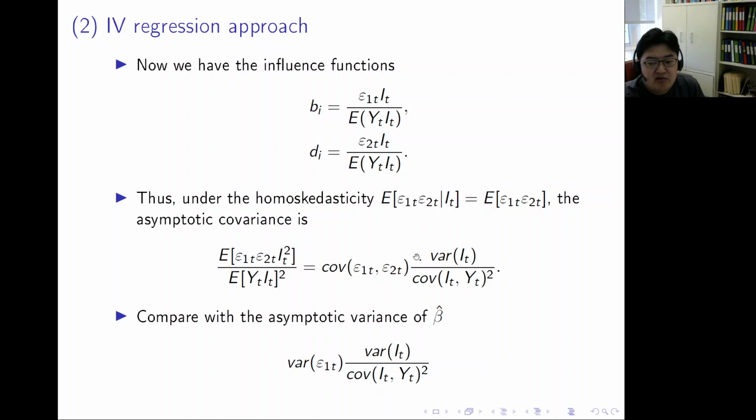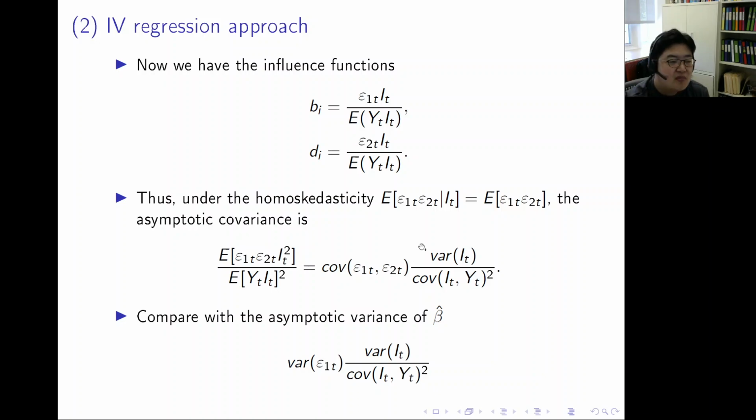Now you may think this covariance is very similar to the asymptotic variance of a single estimator. A single estimator has the same component with covariance replaced with variance. So from this comparison, I'm sure that I'm right. It should be correct, I guess.